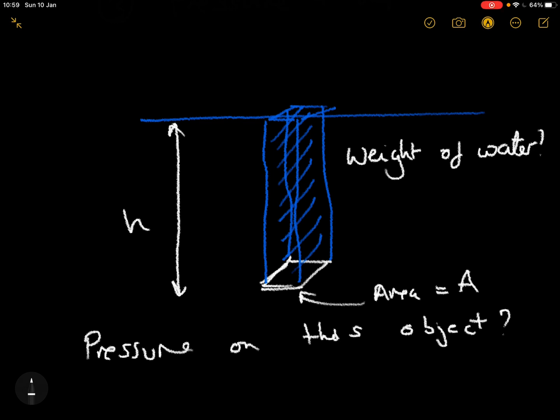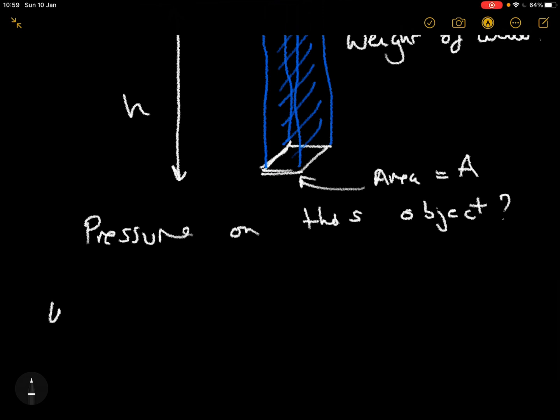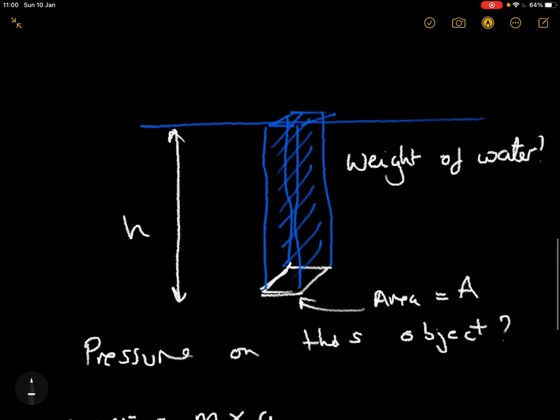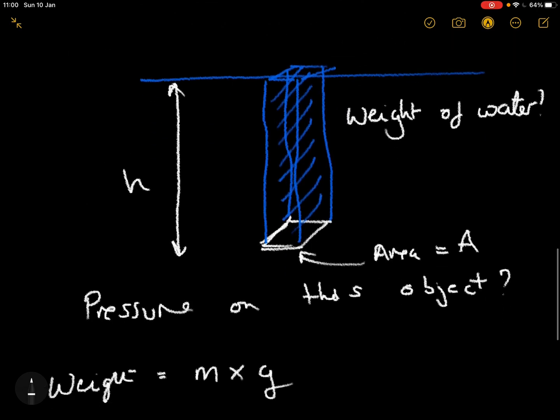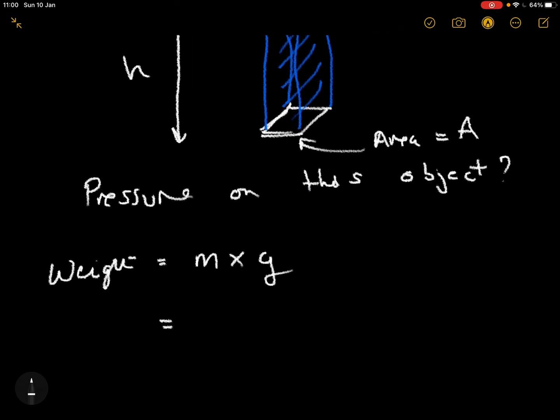If we don't know the weight of the water, we need to work it out. Weight equals mass times gravity. The mass we can get from the first equation: mass is volume times density.